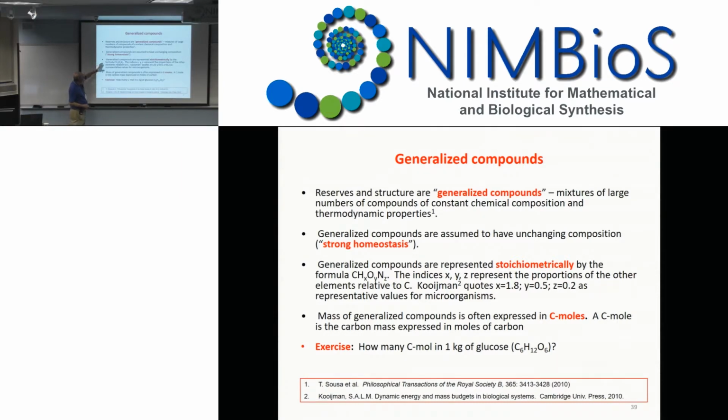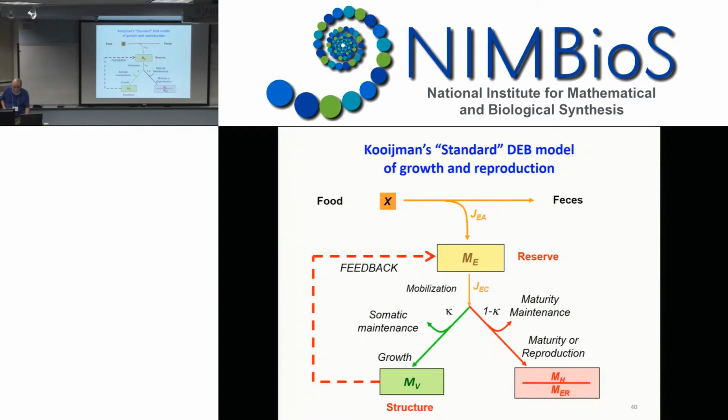You can write the chemical formula for the compounds in this form, where you always set the carbon level to 1, and that gives you a measure of biomass in what are sometimes called C-moles, and this is actually a very nice unit of currency in a bunch of these things. And if you want to figure out whether you understand C-moles, just try to figure out how many C-moles there are in a kilogram of glucose. If you could do that little example, you can do it anywhere.